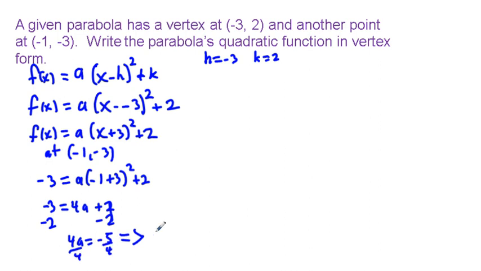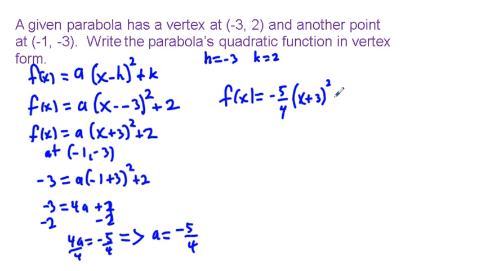We get a is equal to negative 5/4. So our equation is going to be f of x equals negative 5/4 times quantity x plus 3 squared plus 2. And the last thing we can do is check in our calculator.